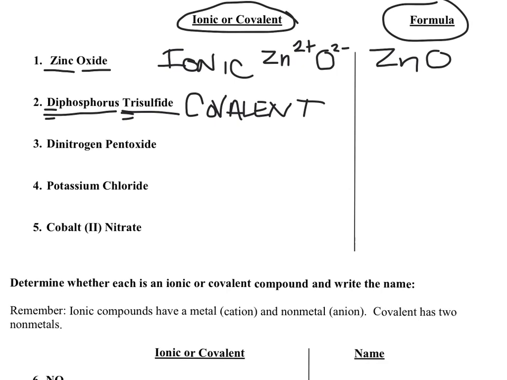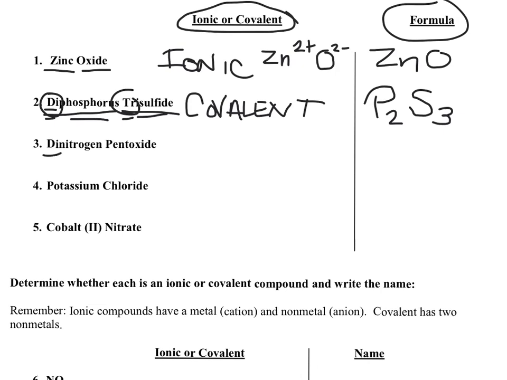The other way is that phosphorus and sulfur, which is sulfide turned back into its regular atom name, both of those are nonmetals, which means that this must be a covalent bond and a covalent compound. So to write this formula out, it's simple. We've got phosphorus and we've got sulfur for sulfide, and the di and the tri tell us that there's 2 phosphoruses and 3 sulfides. So we can write the formula that way.